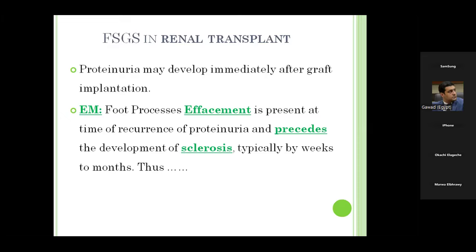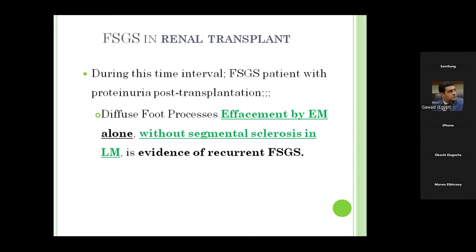What's important here is that we should know that proteinuria may develop immediately after the graft implantation, and EM shows effacement at the time of recurrence, and this precedes the development of sclerosis, typically by weeks to months. So during this time interval where the patient is proteinuric, a focal segmental glomerulosclerosis patient with a renal transplant is proteinuric post-transplantation.